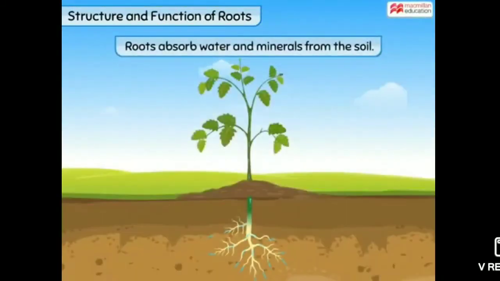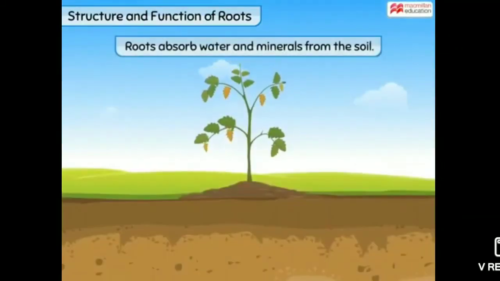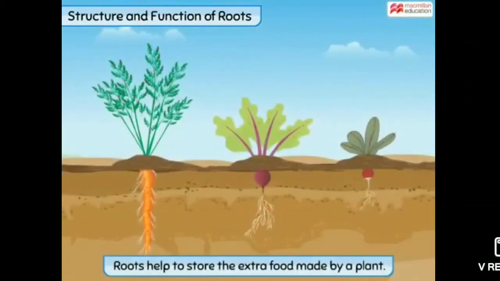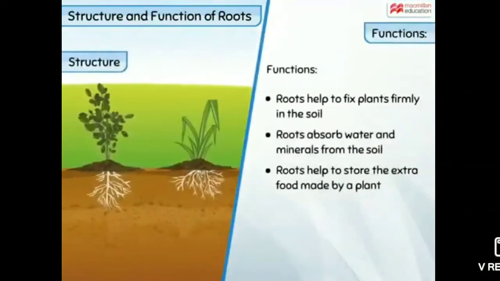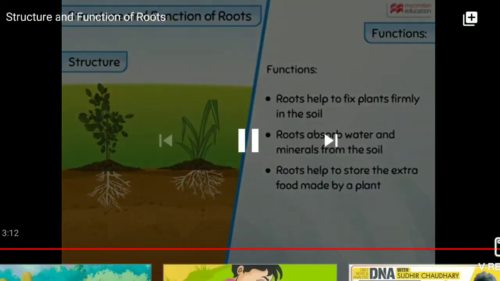Roots absorb water and minerals for the plant from the soil. In the absence of roots, the plants could not get water and died. Roots of many plants such as carrot, beetroot and radish also help to store the extra food made by a plant. Now we all know how important the roots are to the plant.